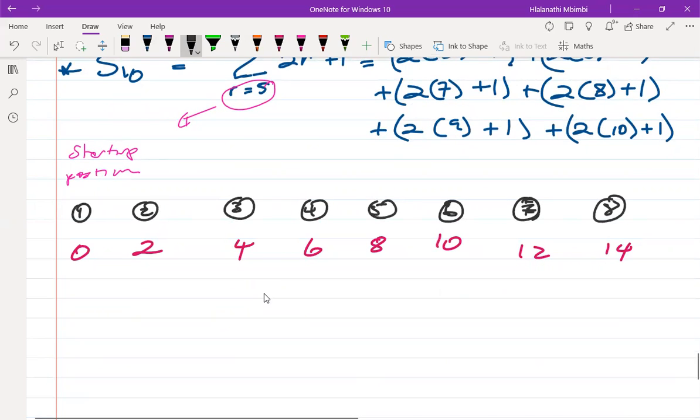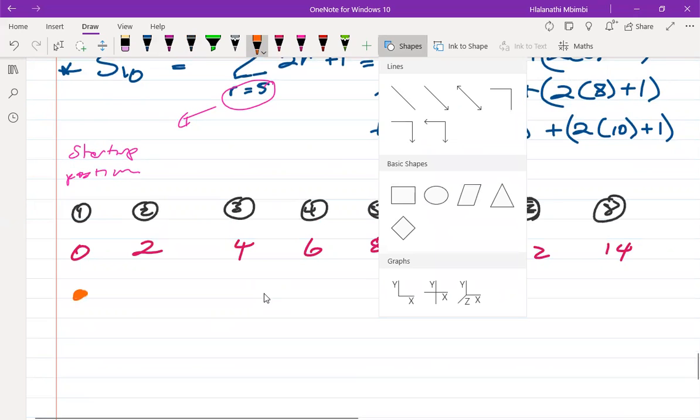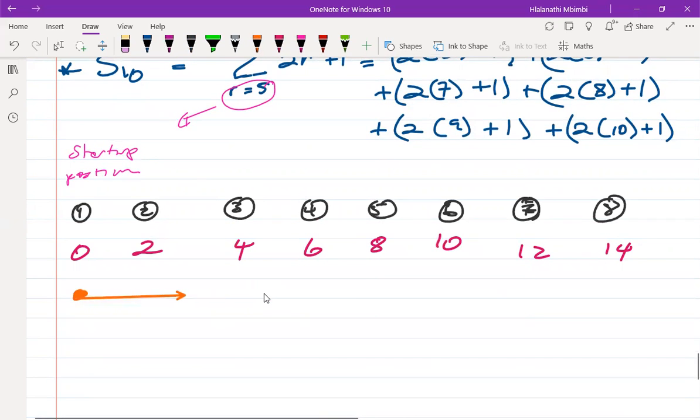So now, if your R, your starting value, is at position number 1, this is where you're starting, sorry. This is where you are starting. So you're starting there and you're adding all the way there.